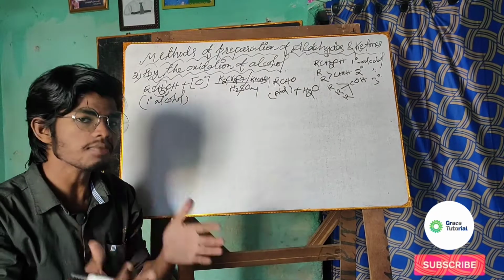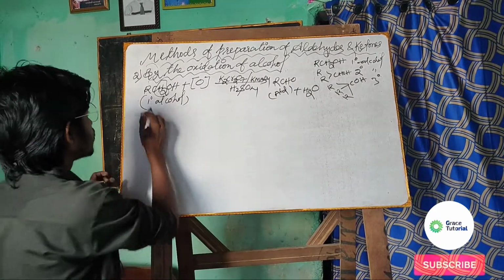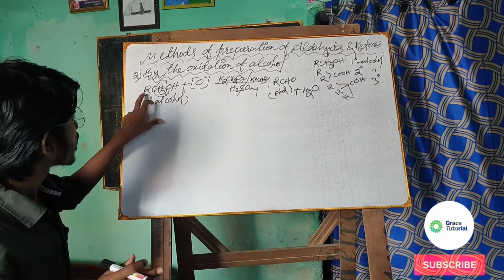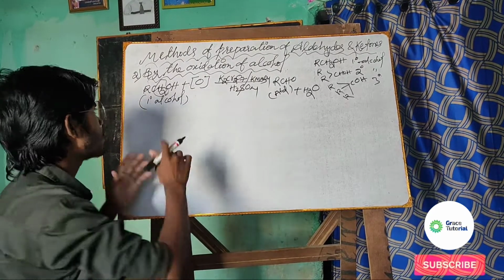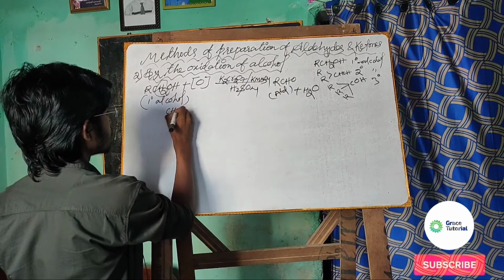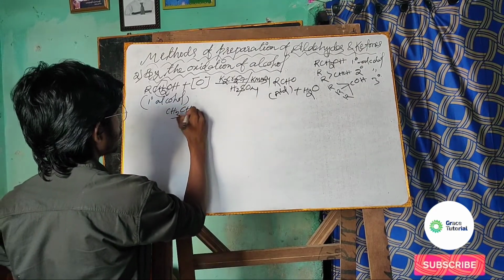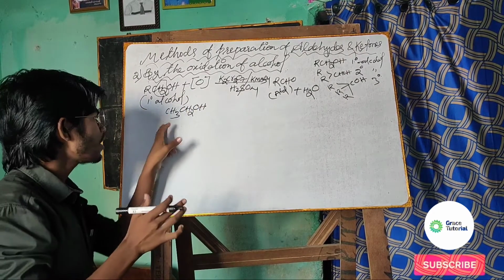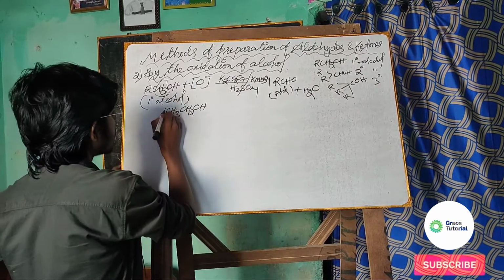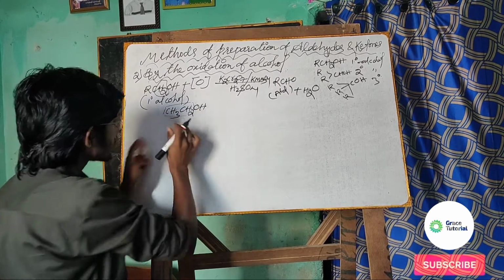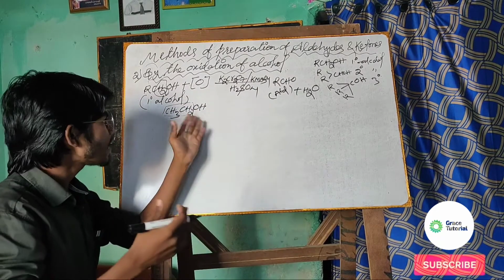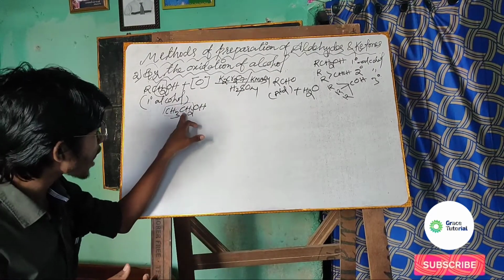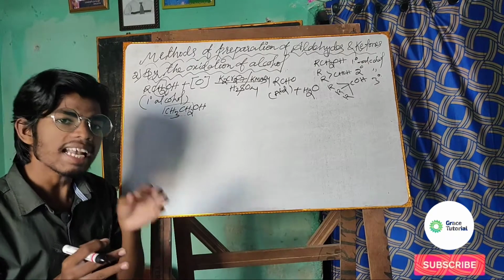Let me give you the specific example so that you can understand it very clearly. If you place the methyl group in place of this R, everything will remain the same, that is CH3CH2OH. What is the name of this one? Ethyl alcohol. This is CH3CH2, ethyl, and OH, alcohol. According to the IUPAC name, since 2 carbon atoms are there, we can say ethanol.